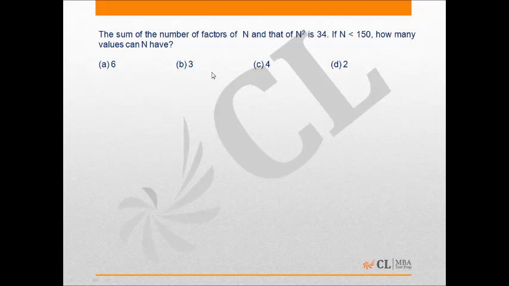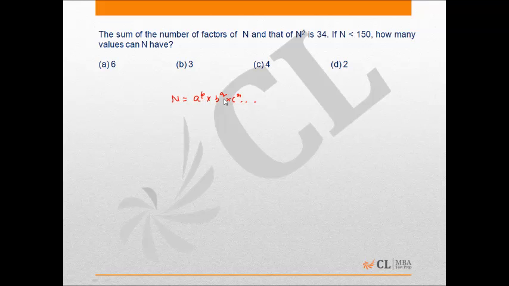If n is any number of the form a raised to power p into b raised to power q into c raised to power r and so on, where a, b, c are prime factors of the number and p, q, r are indices of a, b and c respectively.